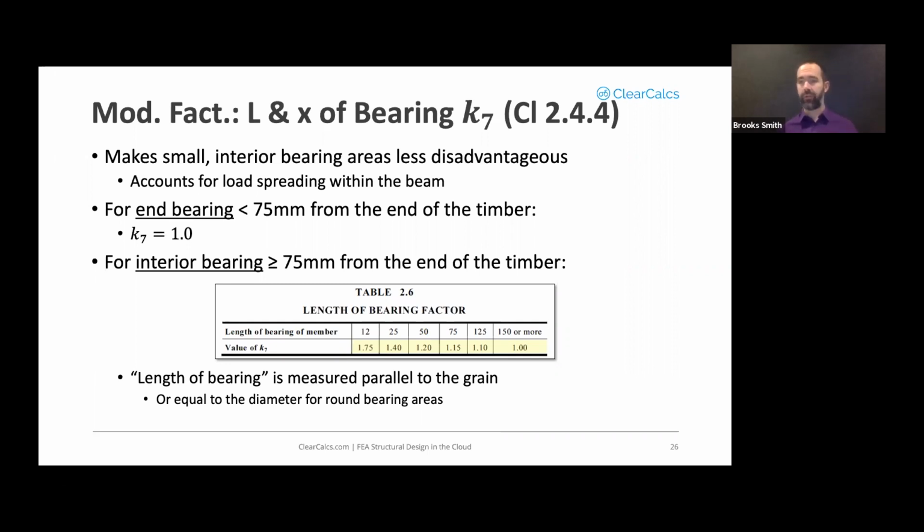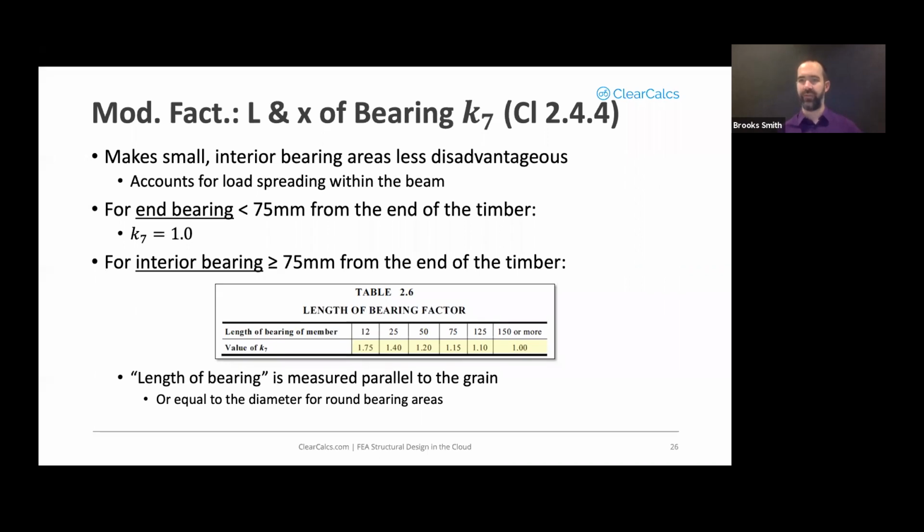So what it accounts for is load spreading within the beam. If you have a small bearing area in the interior, load's going to spread out like a V a bit. So you're going to have a slightly higher bearing capacity than you would if you're just taking into account the gross area of your bearing. It's only relevant for interior bearing though. For end bearing, which means according to the standard, if you are less than 75 millimeters away from the end of the timber, you just have K7 of 1.0.